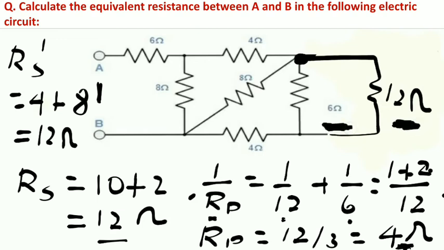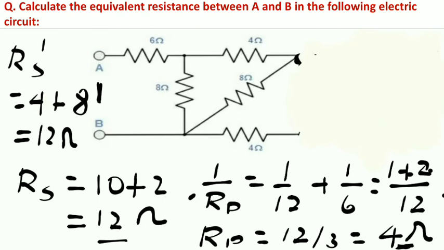So let us remove these two. So we have removed these two resistors. In the place of them, let us place the resultant of these two, which is 4 ohm. So we have put here 4 ohm. Now this 4 ohm and this 4 ohm, these two are in series.